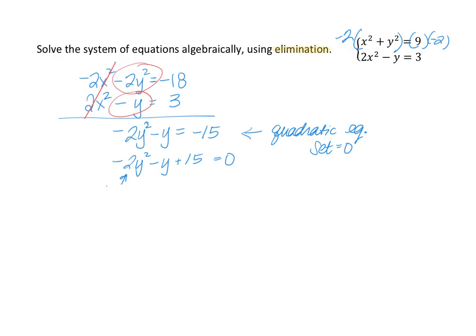So if you do choose to add the 15 and bring everything to the left side, then I would want you to factor out a negative before you jump into factoring. So that would be a positive 2y squared, a positive y, and then a minus 15 if we factor out a negative.